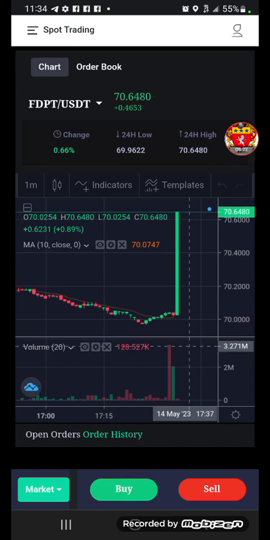There we go. There's our first hike. So we're going up to 73.11, that is the target price. And over the next 5 minutes, it's going to jump up 5 different times.